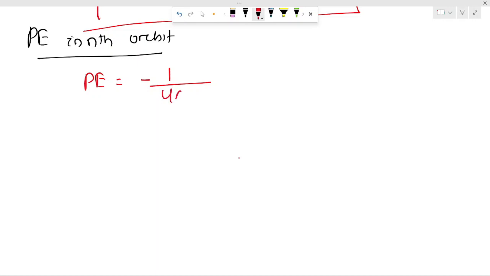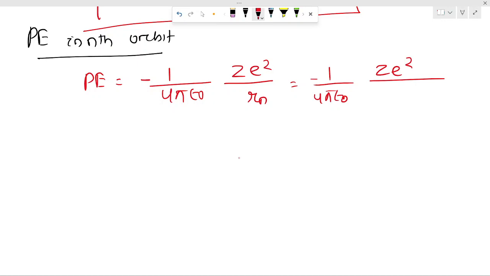It is minus 1 by 4 pi epsilon naught Z e square of Rn. By putting the value of Rn, we have n square h square epsilon naught upon pi m Z e square, isn't it?